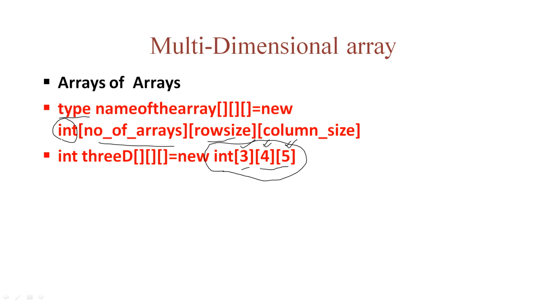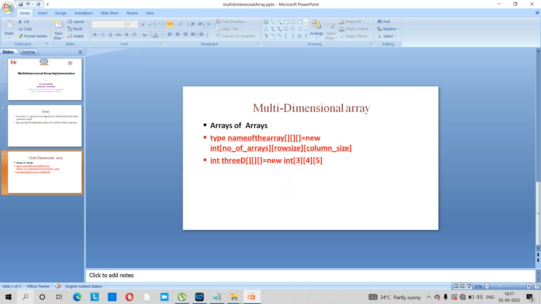In the example, int 3 dimensional equals new int of 3, 4, 5. Now we can see some examples, then you may understand in a better way.